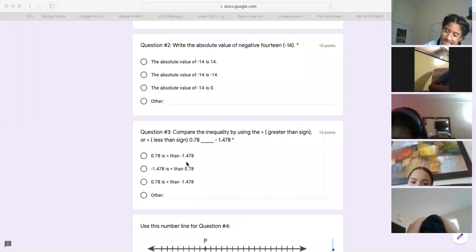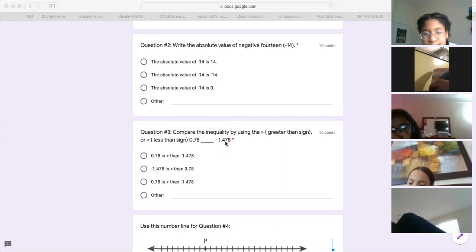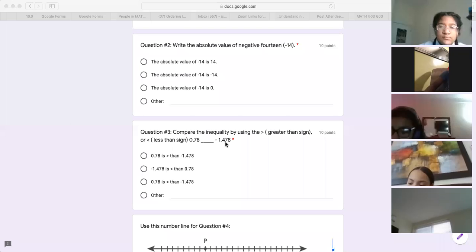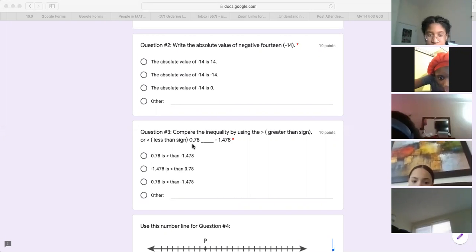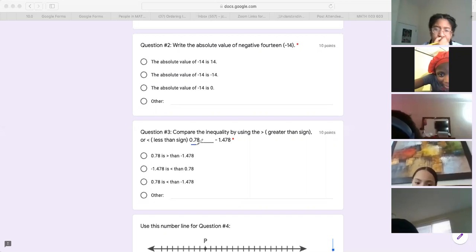Okay, compare these inequalities. Maya, which is greater? You did this question in class. 0.78 or negative 1.478, Maya? Which is greater? Which is the greater number? 0.78.